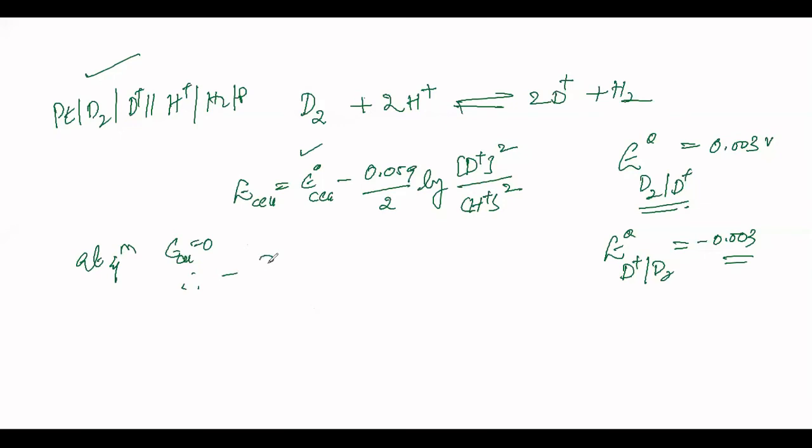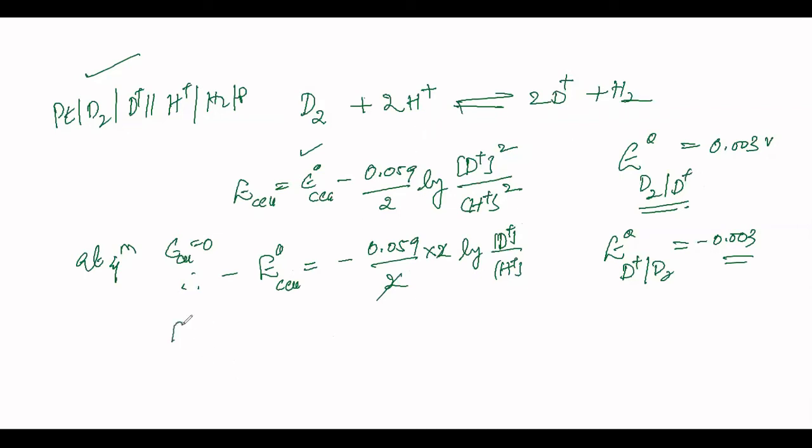Therefore, minus of E0 cell should be equal to minus of 0.059 divided by 2, or you can bring the 2 whole square, you can make log of D plus to H plus. Okay, this 2 gets cancelled. So E cell basically, this is the anode, this is the cathode.